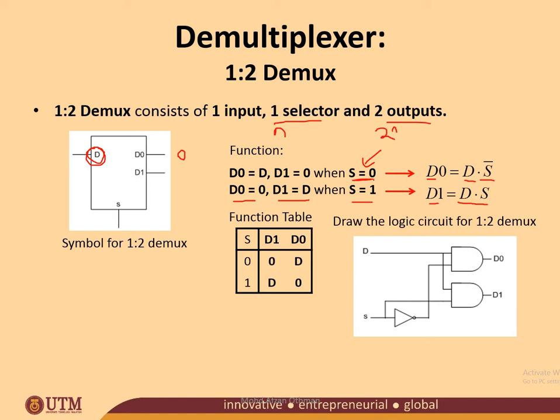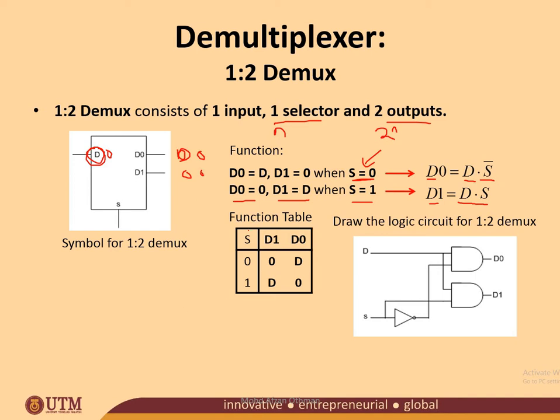You see, when s equals 0, your d0 will be d, which in this example is 0, and your d1 will be 0. And if s is 1 and d at that time is 0, then d0 will be 0 and d1 will be d, which means it will be 0.